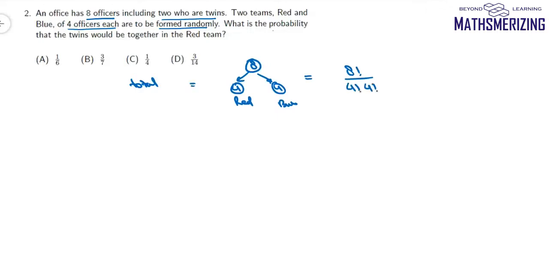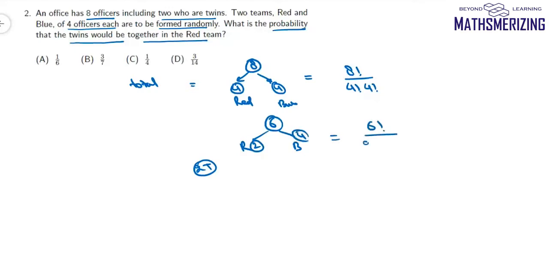Now we need to find the probability that these 2 twins will be together in the red team. So we already have this red and blue team. Now these 2 twins are already included in this red team. So now we need to distribute the remaining 6 people so that we get 2 people in the red team and 4 in the blue team. So it can be done in factorial 6 divided by factorial 2 factorial 4 ways. So what is the probability that these 2 twins are in the red team?